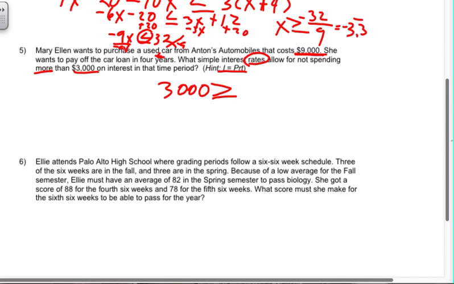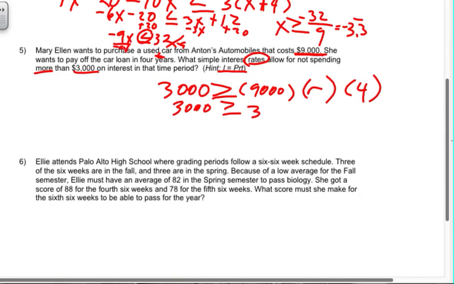And that's going to be equal to the principal, which is 9,000, times the rate, which is our unknown, times time, which is 4. So 3,000 greater than or equal to 36,000 R. So we're going to divide by 36,000.